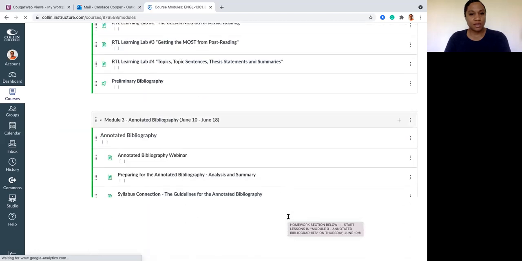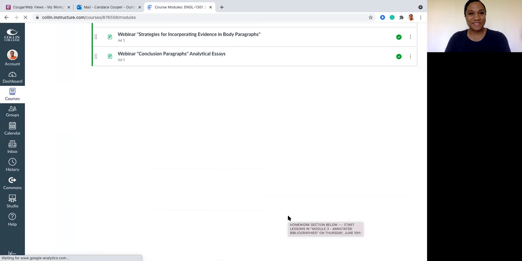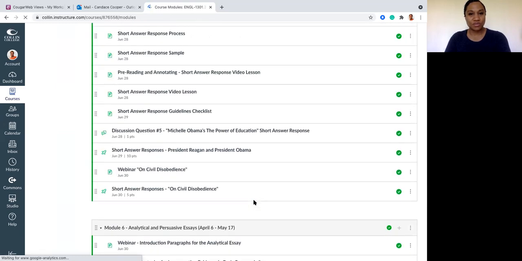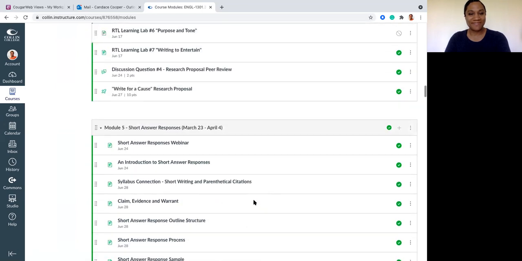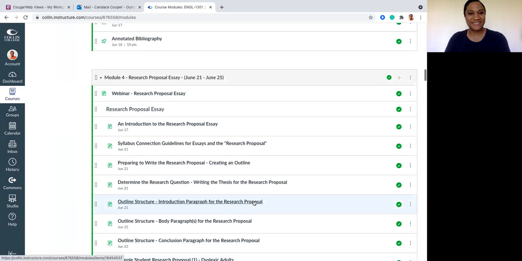All right. So, our next item of business is to go into the research proposal assignment. For some reason, my computer is jumping way down to the end of the screen.